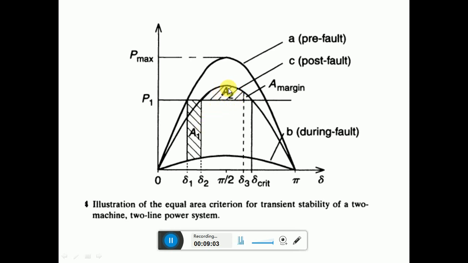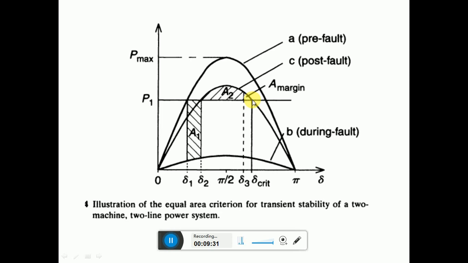Suppose we do not have any space here where A1 becomes equal to A2, like A1 is always greater than A2. At that time the machine will accelerate and the angle will increase and increase, and till that point we are not able to balance the accelerating energy with the decelerating energy.